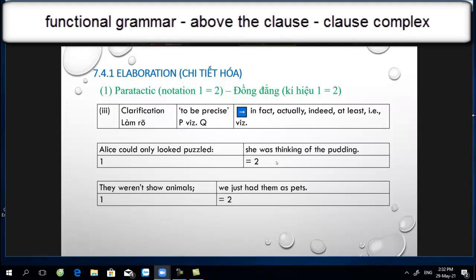Miss Huan. "Yes, Alex could only look puzzled. She was thinking of the body." Okay, so the second clause clarifies more about the first clause. And the next one, please, Miss Huan. Miss Bảo Thư, please. Hello, Miss Thư. "They weren't show animals. She just had them as pets." Okay, thank you.